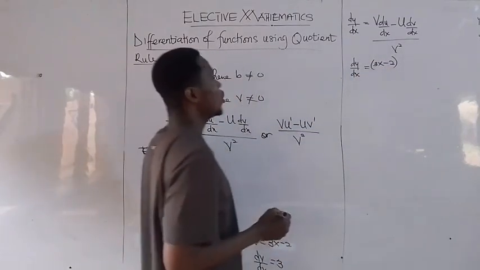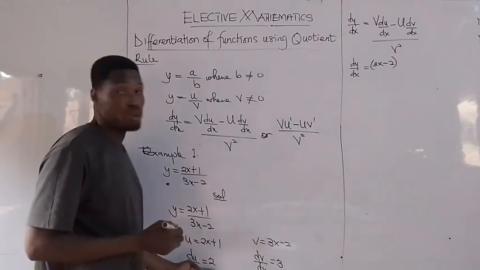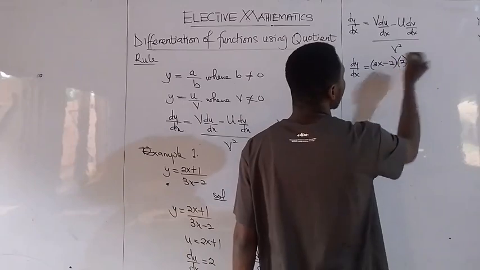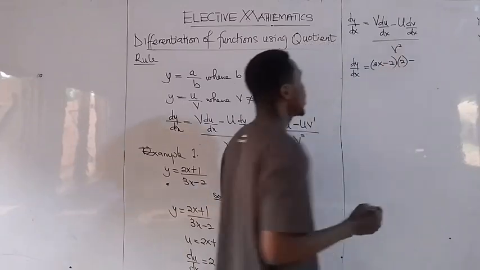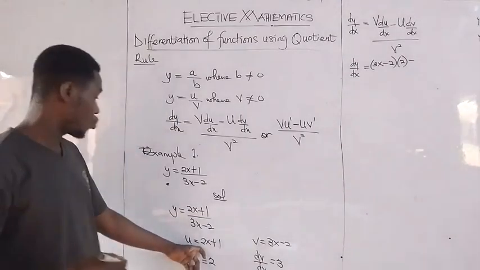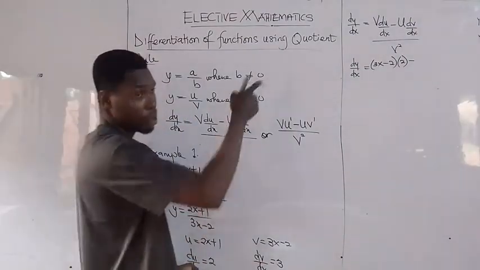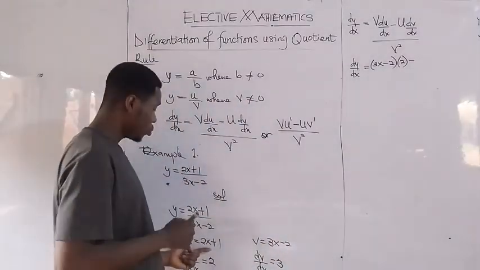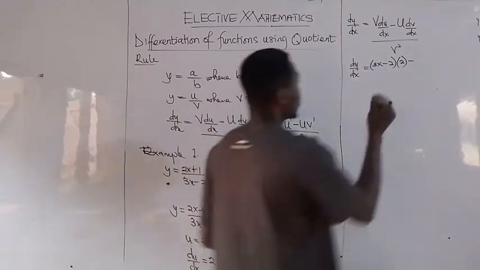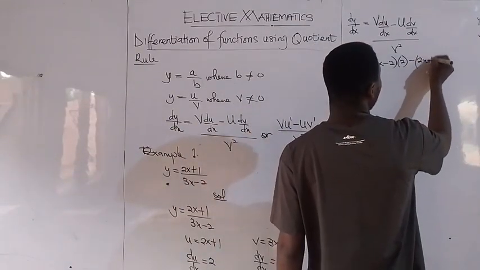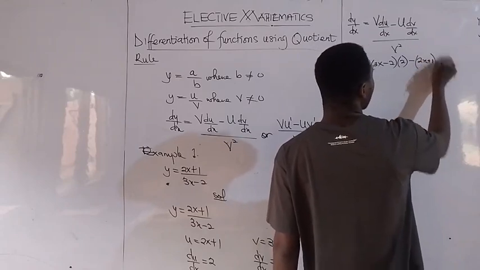What is our du? Our du over dx is 2. So put it here, 2. Then minus, what is our u? Our u is 2x plus 1. So we state it, 2x plus 1.